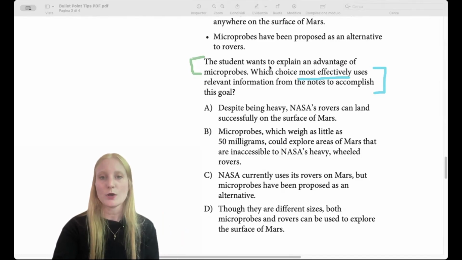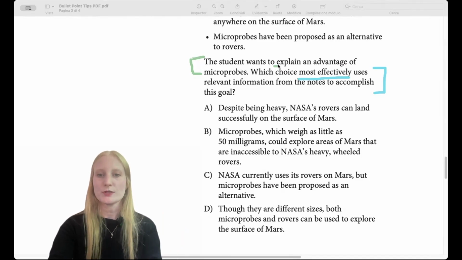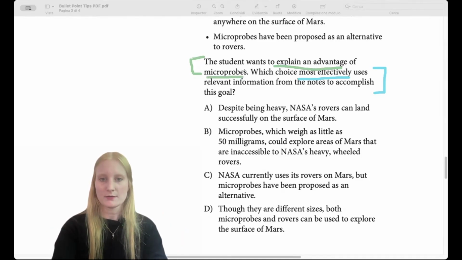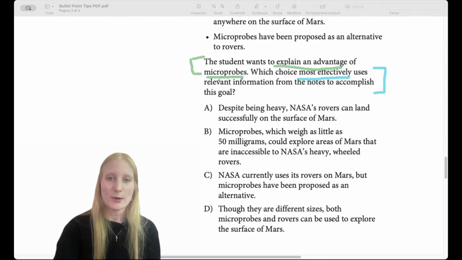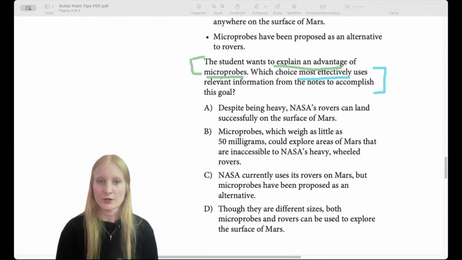So the student wants to what? The student wants to explain an advantage of microprobes, okay? So only one of these answers will have both of those key factors, okay? So an explanation of an advantage, and it has to be about microprobes, okay? Those are the two most important.